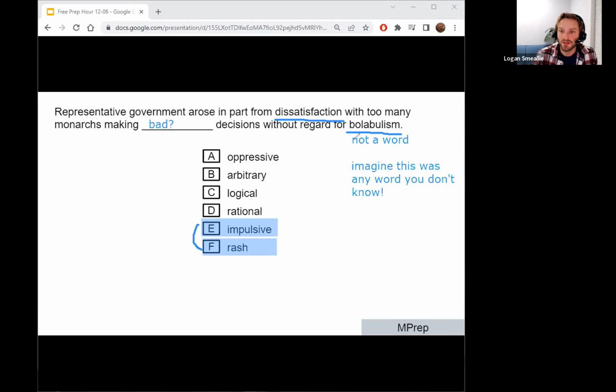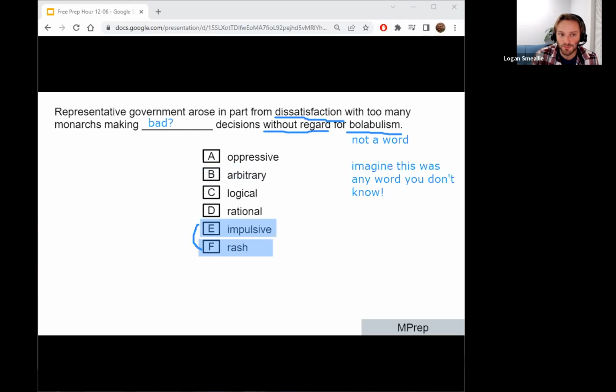And we also have this evidence of without regard for. So there's something that's not being considered well enough in these choices. That evidence that it's bad decisions and that something is not being regarded lends itself well to impulsive, rash, and arbitrary. But how do we break the tie?